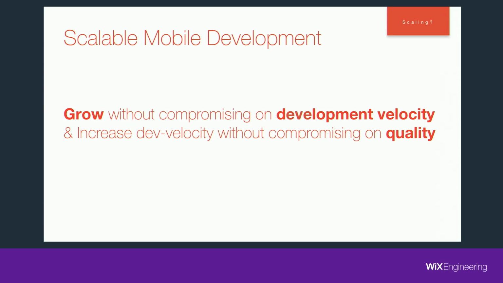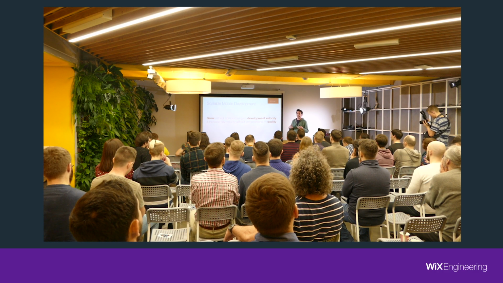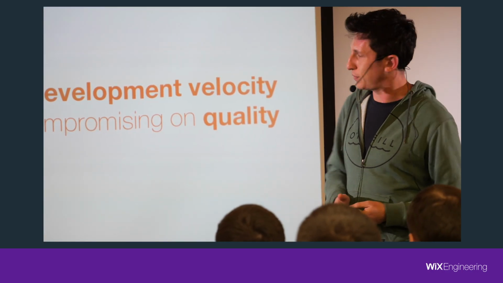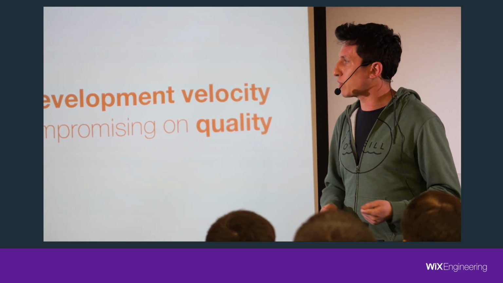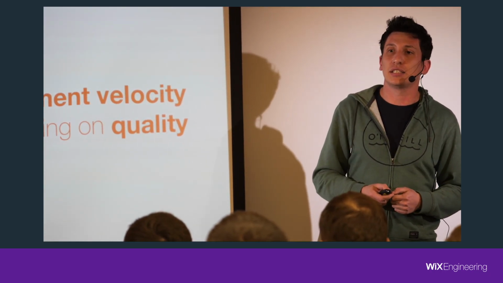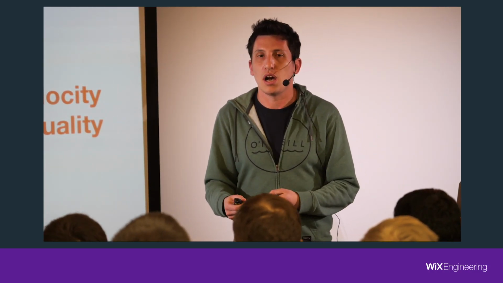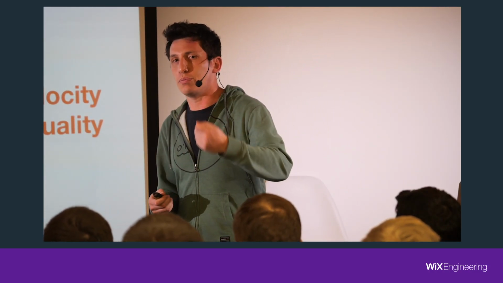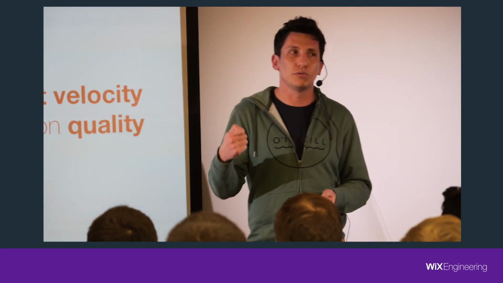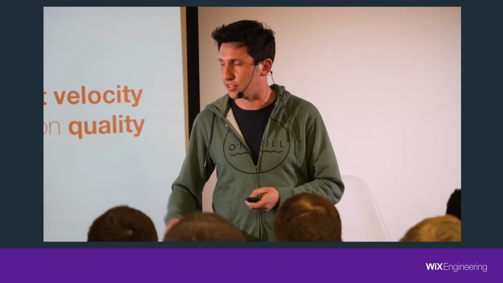To grow means to be able to recruit and onboard people to your project, and also to create more and more features. This is a growing product, and we want to be able to do this without compromising on the development velocity. Development velocity is development experience: how fast you develop your code, how quickly you ship your code to production, and how quickly you respond to bugs and users' feedback and ship fixes to production again.